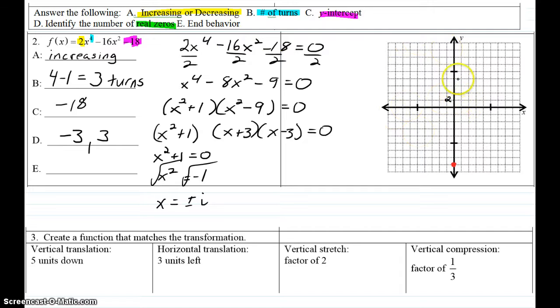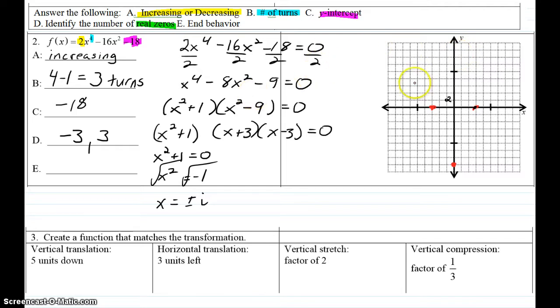Now, even though I counted by 2's here, I'm going to count by 1's on the x-axis, so I'm going to graph those here. So we have 3, negative 3. And so think about what a degree 4 function is going to look like.